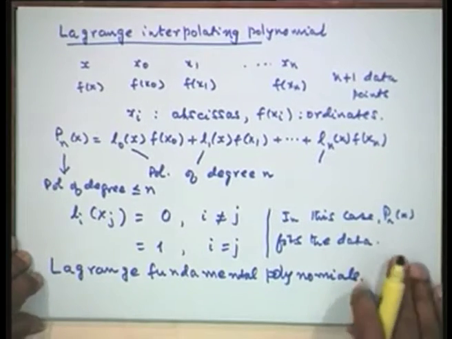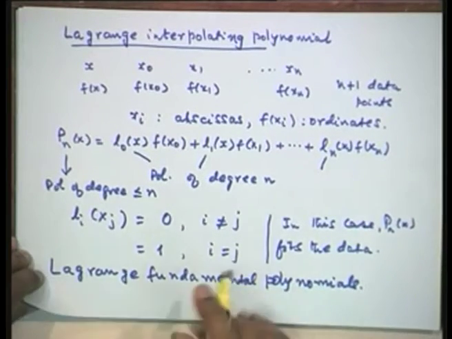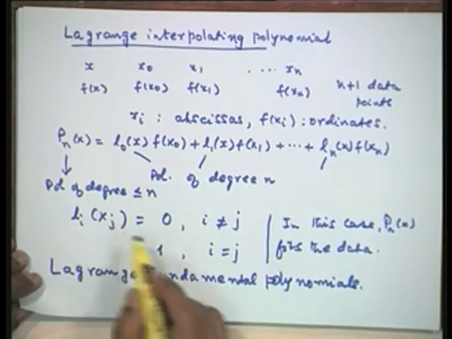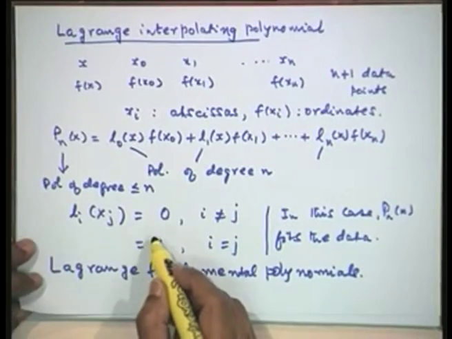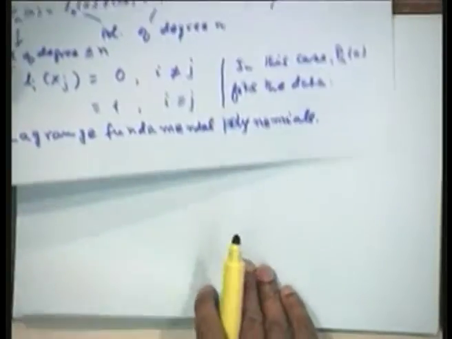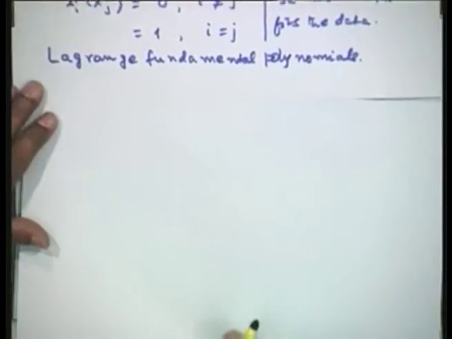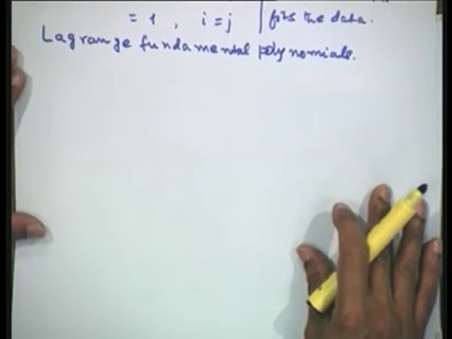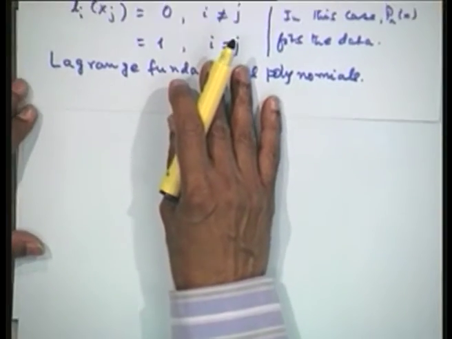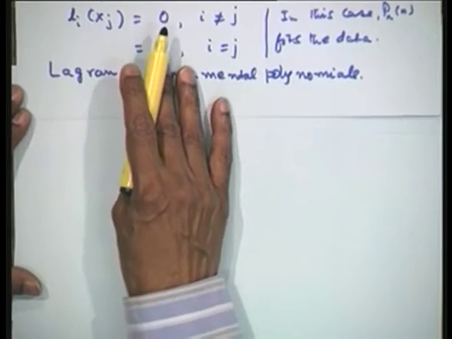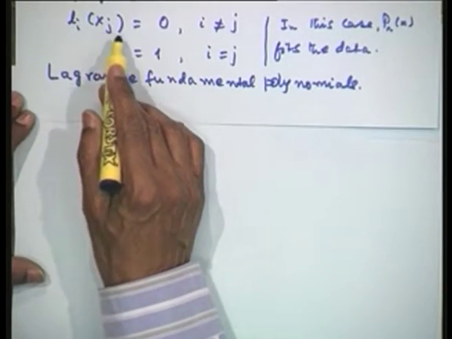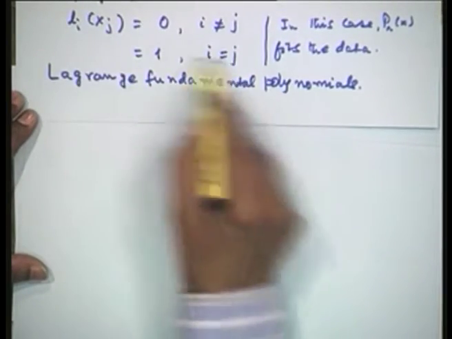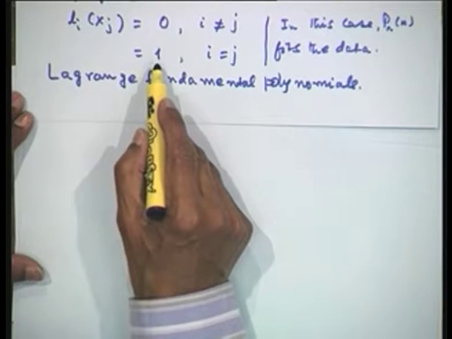Now, the next step is how do we construct the polynomial of degree n which satisfies this particular property, and the writing of such a polynomial is really very trivial, because it should be 0 when I substitute x equal to xj, and when I substitute x equal to xi, it should have value 1.